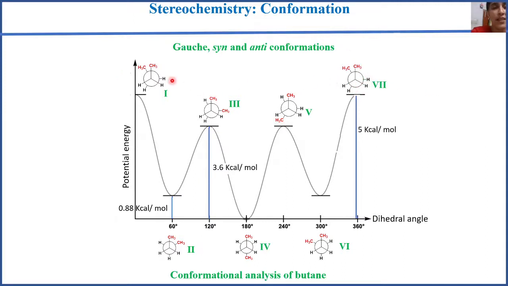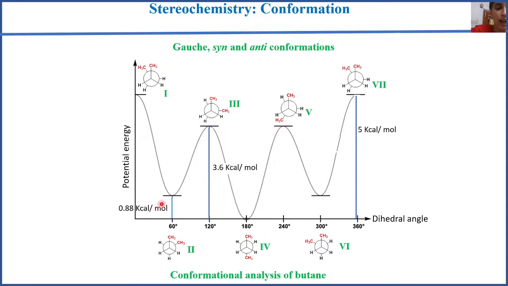Since these two are fully eclipsed conformations, they are of highest energy. The partially eclipsed conformations, 3 and 5, have less energy than 1, but since they are eclipsed conformations, they are higher in energy than the staggered conformers.